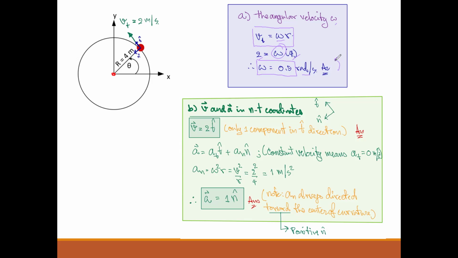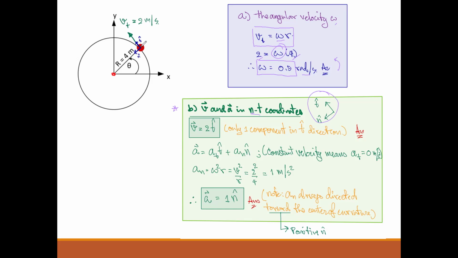Then we move to the second one, where we determine the velocity and acceleration vector in the normal and tangential coordinate system. As I mentioned before, the axes of the normal and tangential directions are a local coordinate.